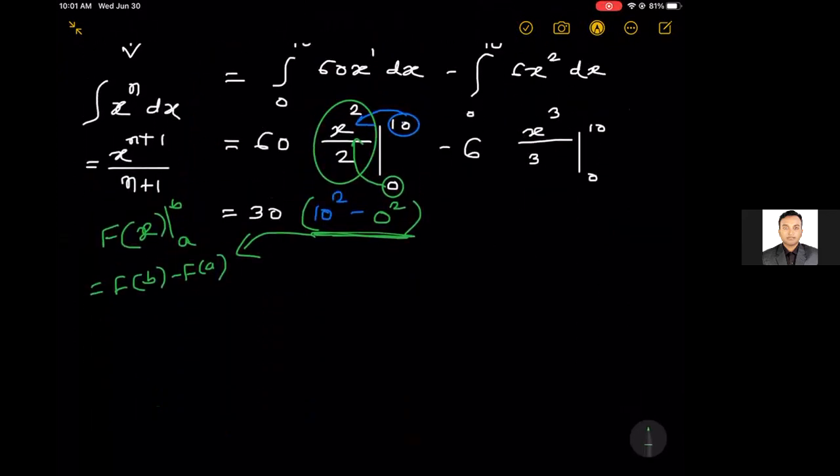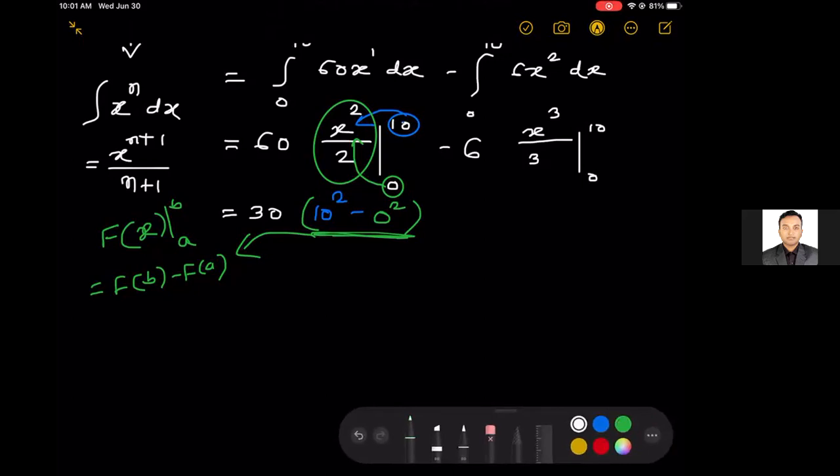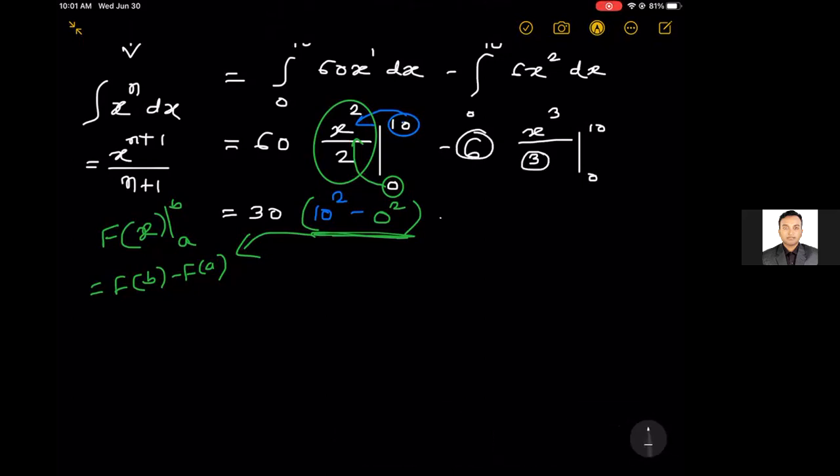Okay. Now, let's keep doing it. So this 3 and 6 will give us a 2. And again, we'll be evaluating this function x cubed at these points.